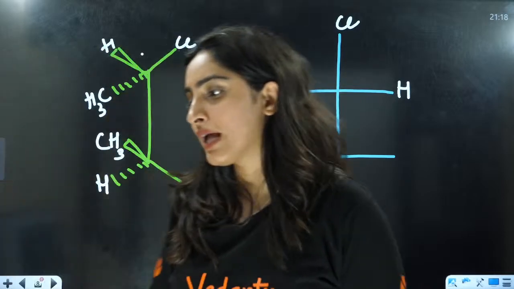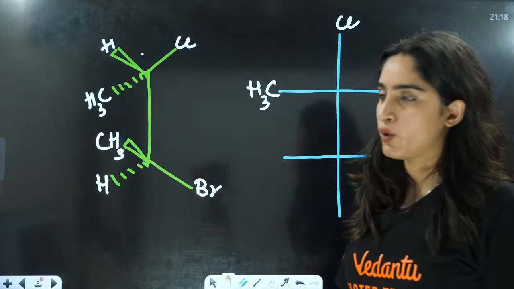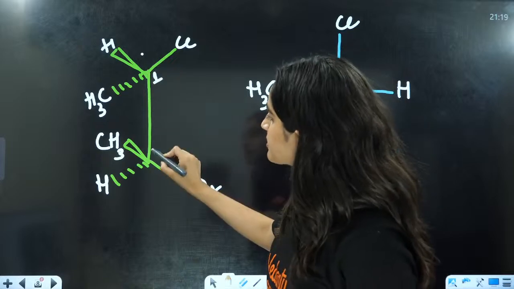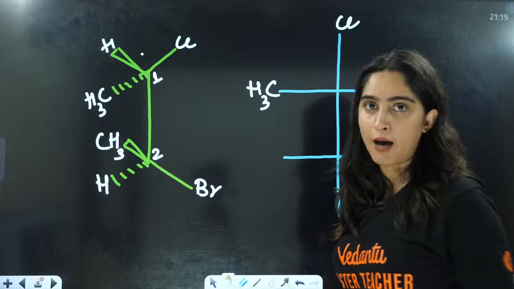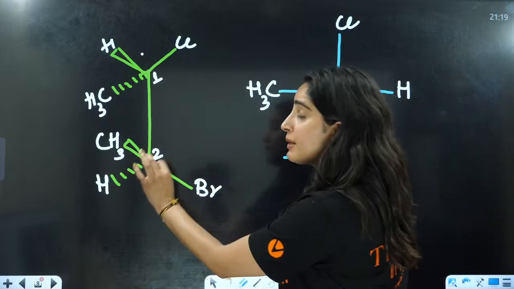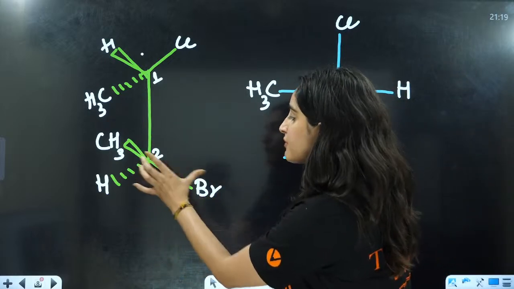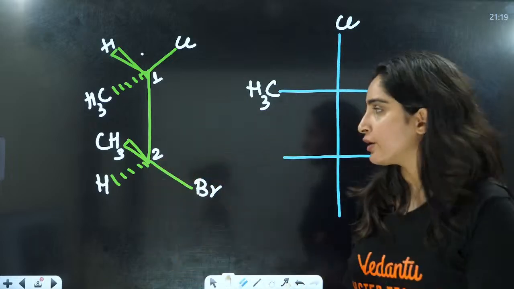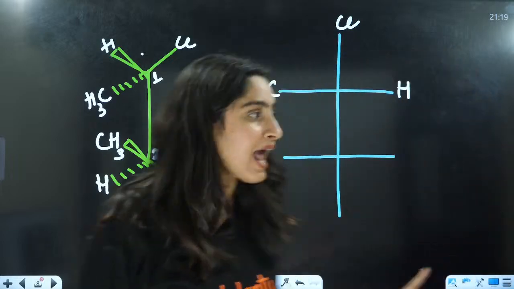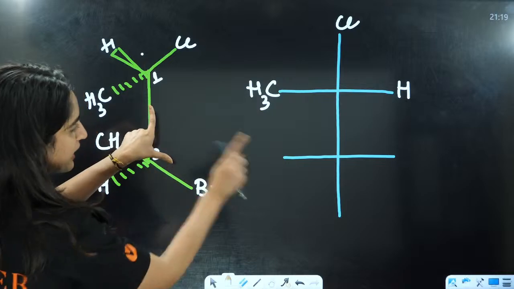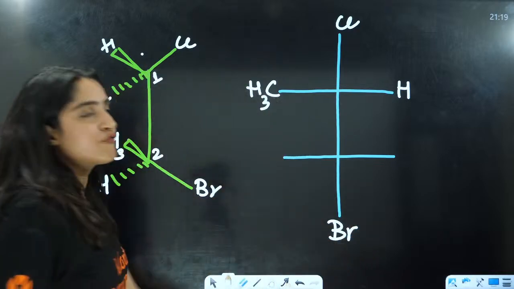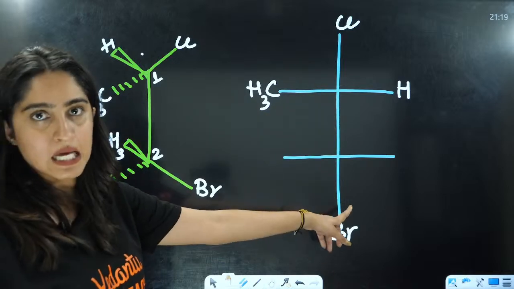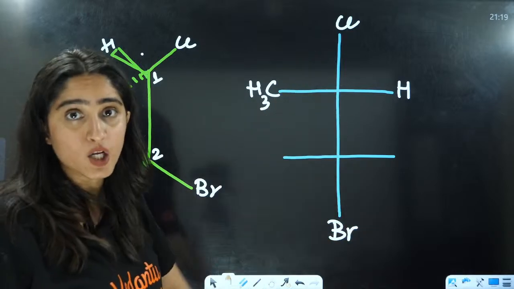Now let us talk about this second carbon. This is carbon number 1. This is carbon number 2. For this second carbon, you have this bromine that is on the right side. Again, the thumb is on the right side, and the atom that is on the thumb will be on the vertical line.